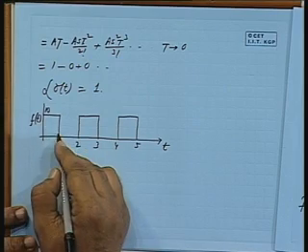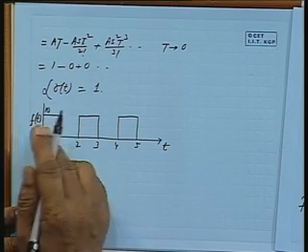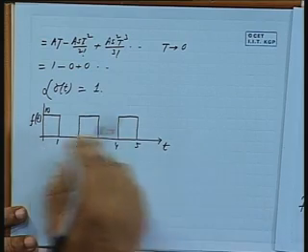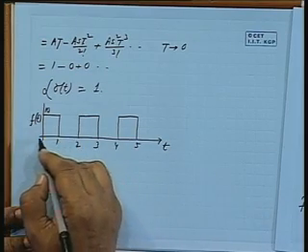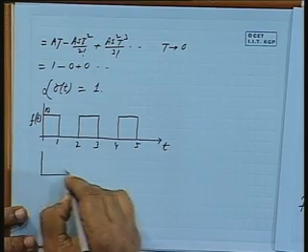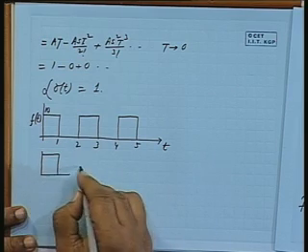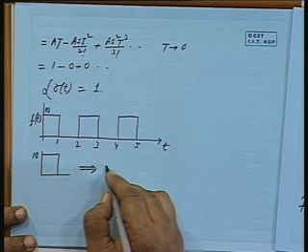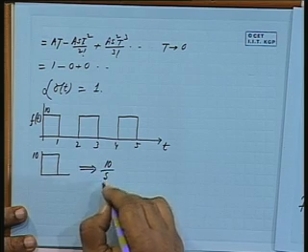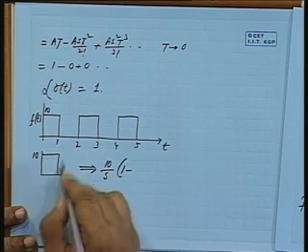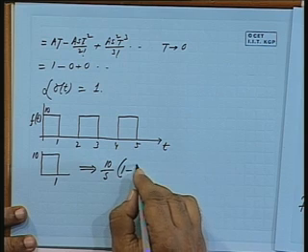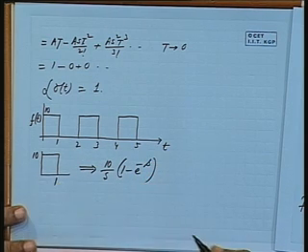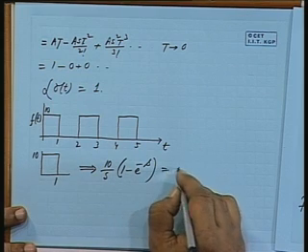Let us take first of all the first block which is repeated after every period. So, what is the Laplace transform of this first block? Could you please tell me? This will be 10 by s into 1 minus e to the power minus 1 s, is it not? Tau is 1. Let us call it F1(s).